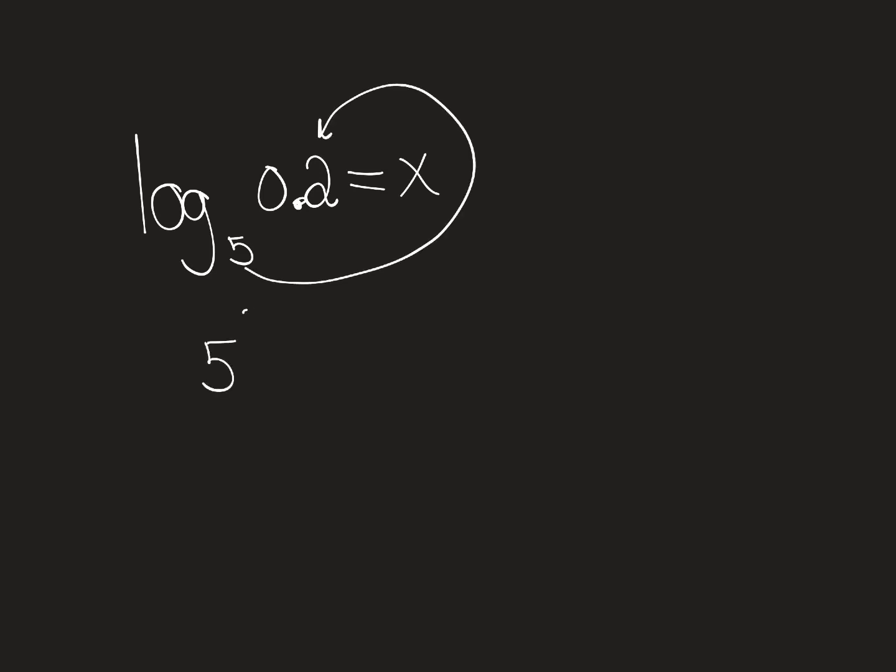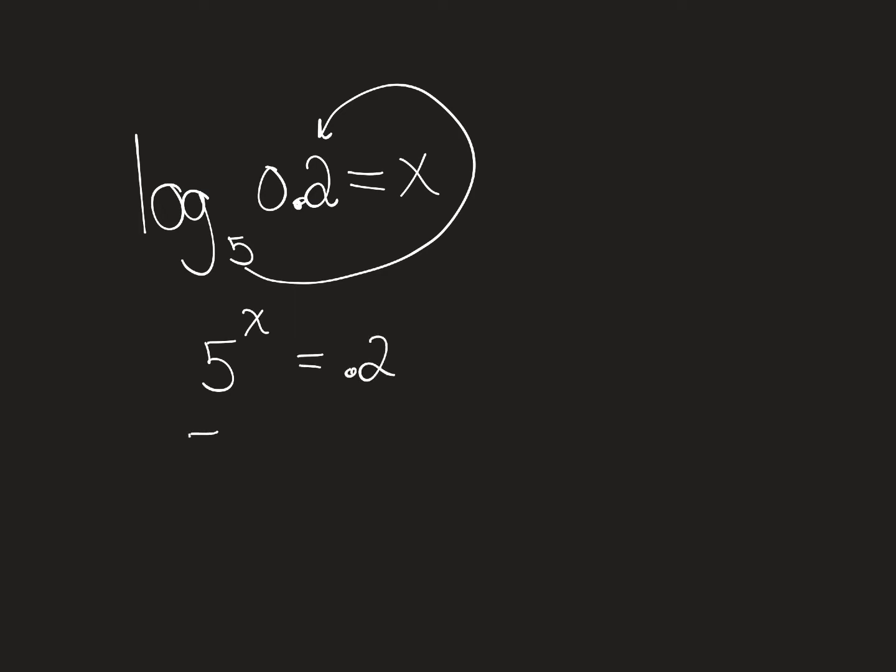So the first one says log base 5 of 0.2 or 2/10 equals x. We don't know what it equals. So I'm going to convert 5 to some power equals 0.2.